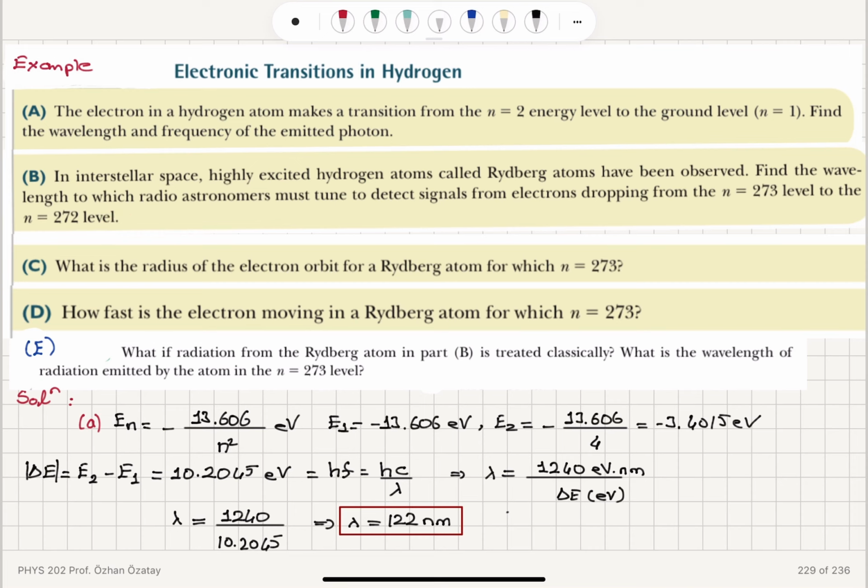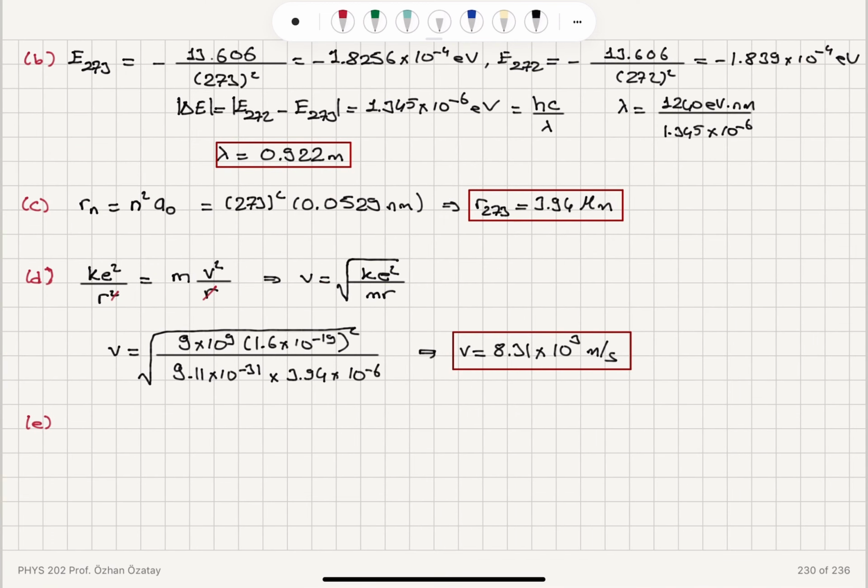Instead, it comes from the classical radiation for the electron in orbit. So the period of the electron orbit is T, then 1 over T is the frequency, which is the speed v divided by 2 pi times the radius, because v is equal to 2 pi r, the circumference of the orbit, divided by the period.